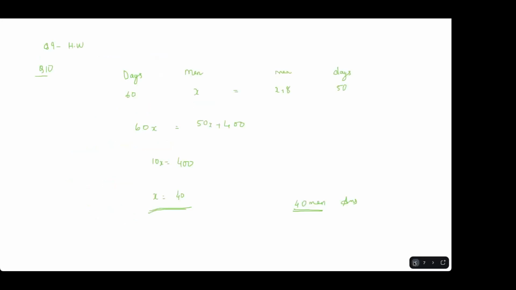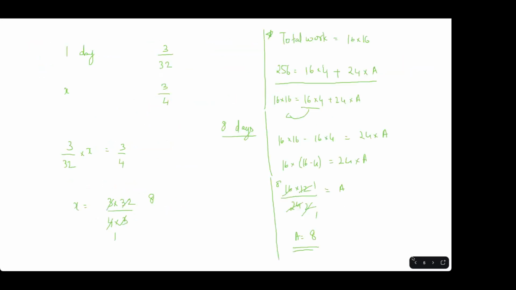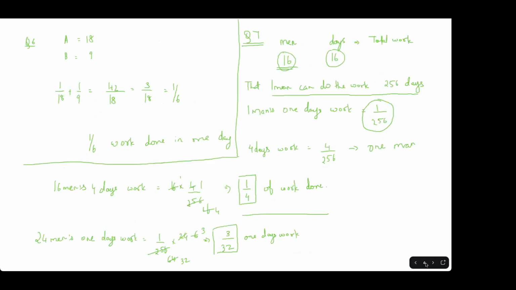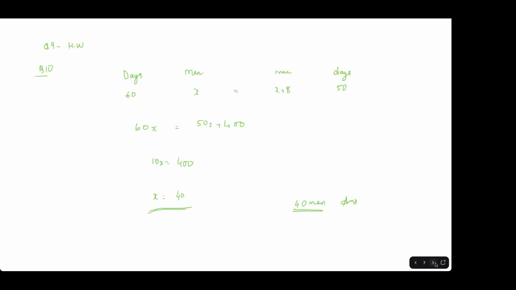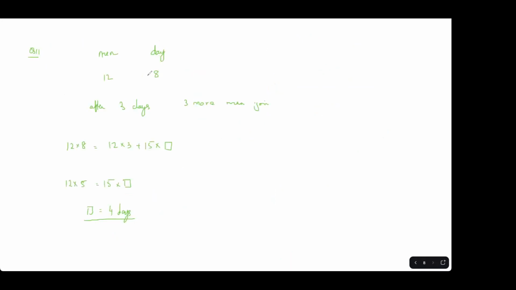Do you remember this question from before? The total work will be equal. So what we did, first, the total work here is 12 into 8, and we wrote that on one side. Now 12 men are working for how many days? 3 days, so we wrote 12 into 3. After that, 3 more men joined, so 12 plus 3 is 15. So how many days are required, that we have to find out. Then 12 into 3 will go to the other side, so we'll get 12 into 5. Okay. Done, sir.